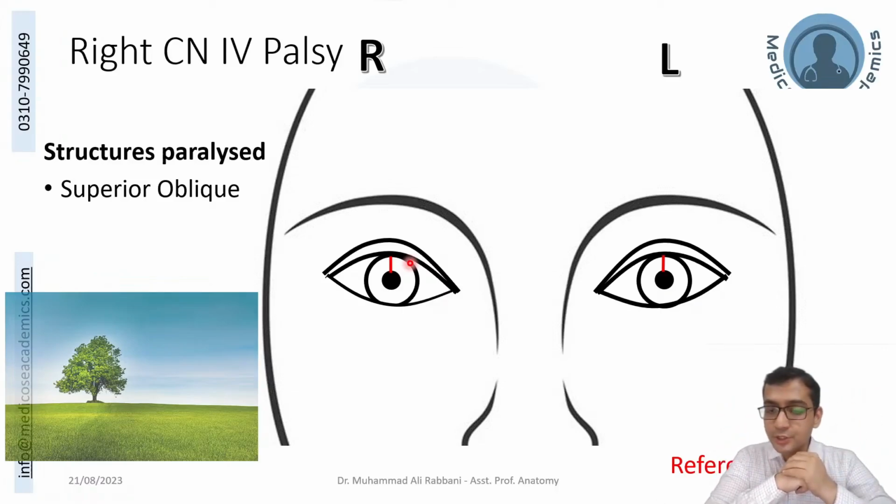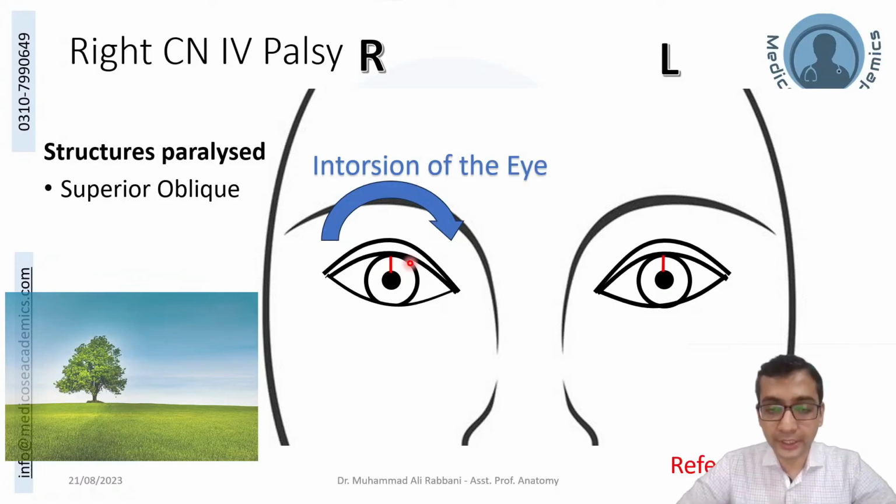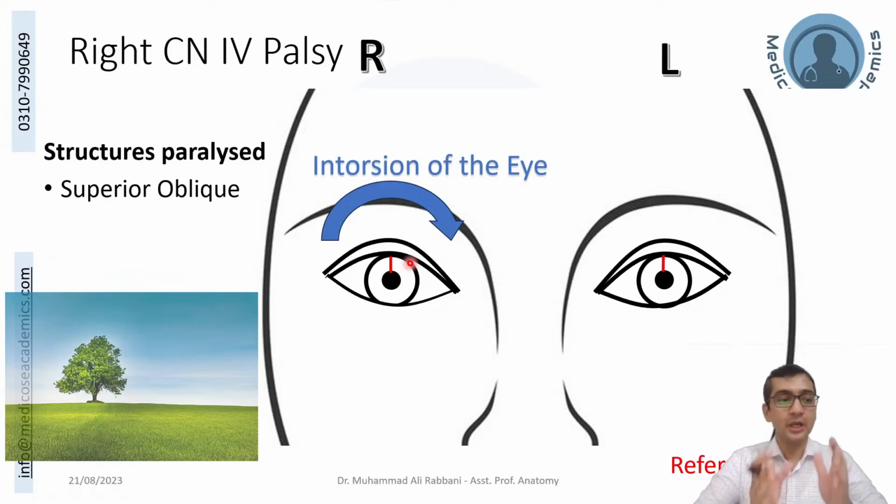It's in the 12 o'clock position, normal position. The normal function of the superior oblique is intorsion, rotating the eye like that. And as we discussed, even if the active intorsion is not taking place, the intorsion and extorsion are cancelling each other out, and the eye is being stabilized at 12 o'clock position in the normal position.